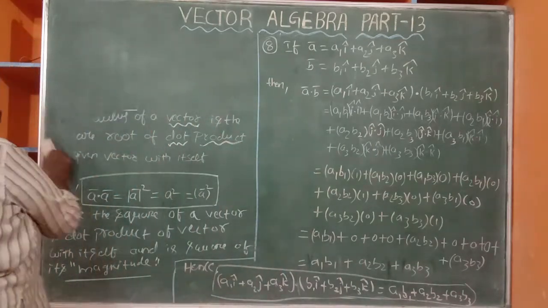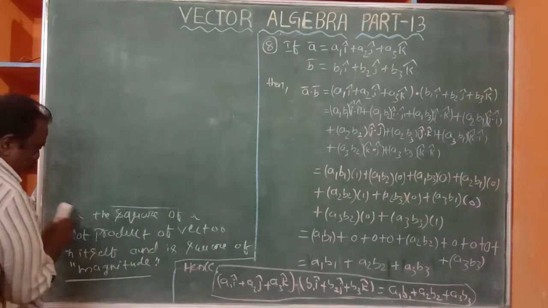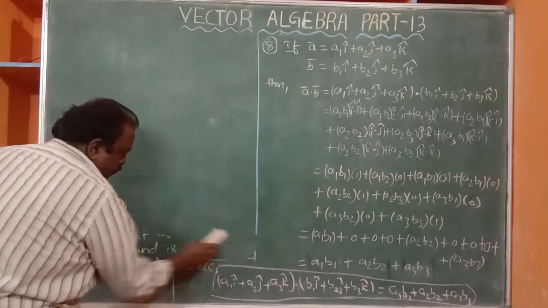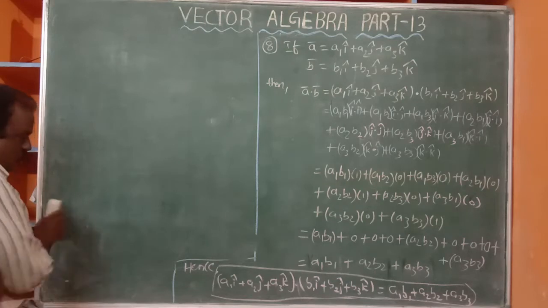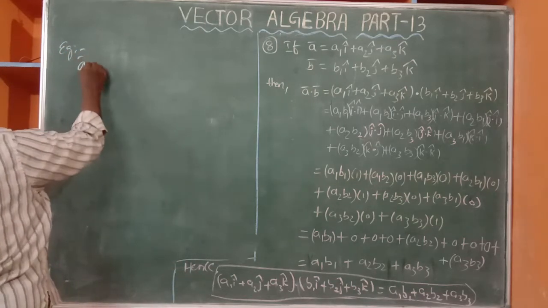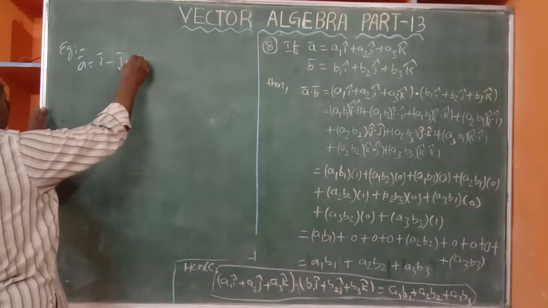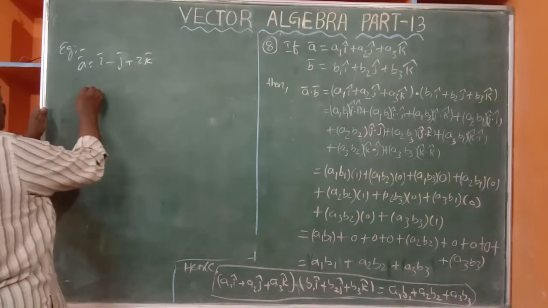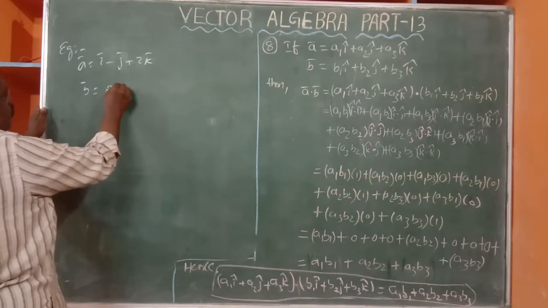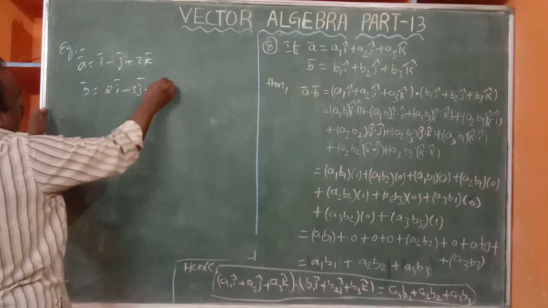Observe, with one example it can be clearly understood. Suppose A bar is equal to i minus j plus 2k, B bar is equal to 2i minus 3j minus k.